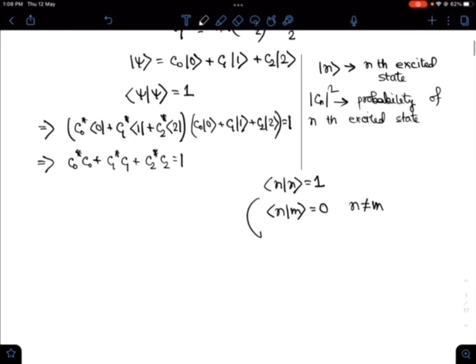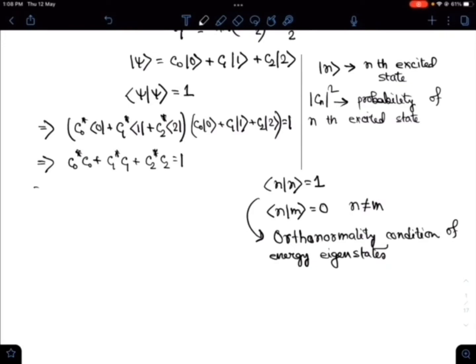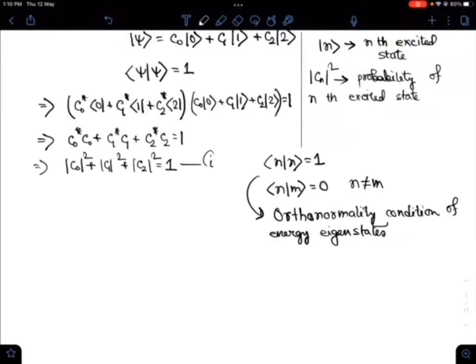This comes from the orthonormality condition of energy eigenstates. So we can write this as the mod square of C0 plus the mod square of C1 plus the mod square of C2, and this should be 1. This is our condition number 1.